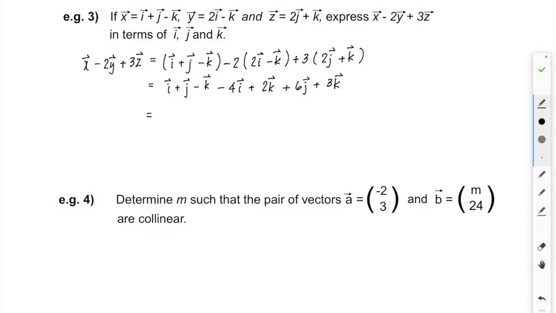So I have i minus 4i, that's negative 3i. j plus 6j is 7j. Minus k plus 2k is k, plus 3k is 4k. And that's it. So very similar to working with polynomials.